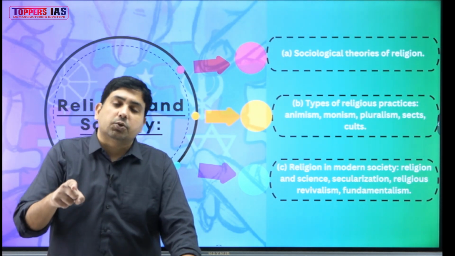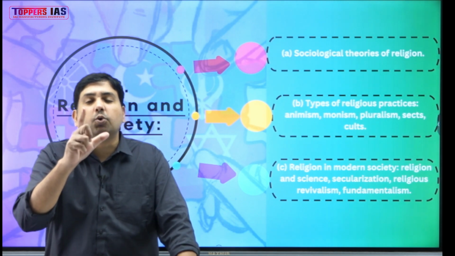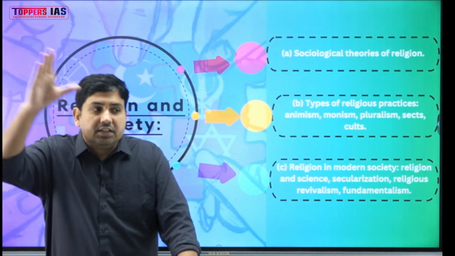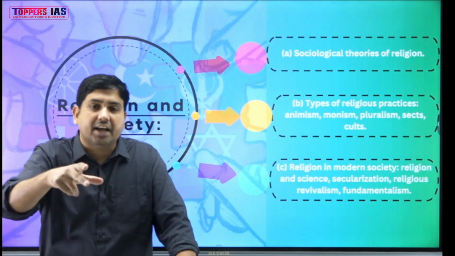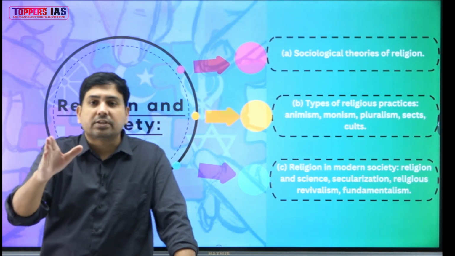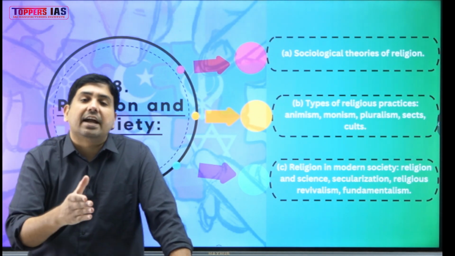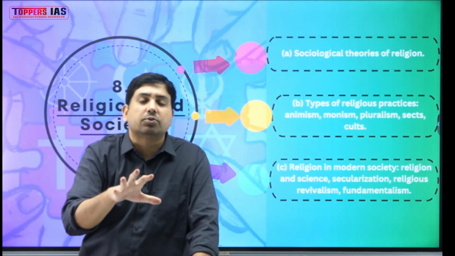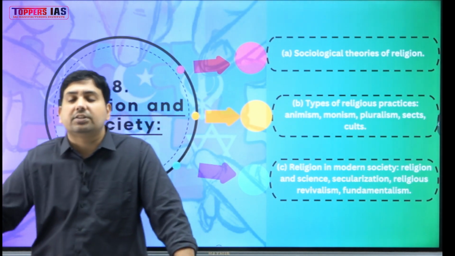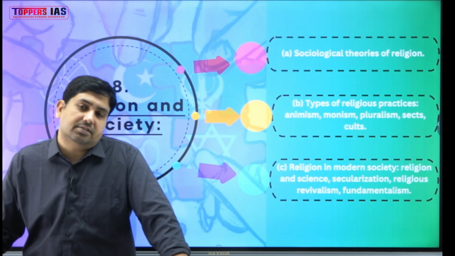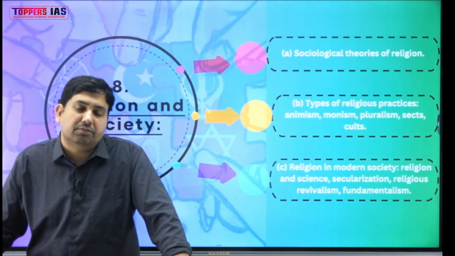Those societies which lacked that Protestant ethos and belief system, like China and India, did not see the emergence of modern capitalism. Very interesting theory he has given.